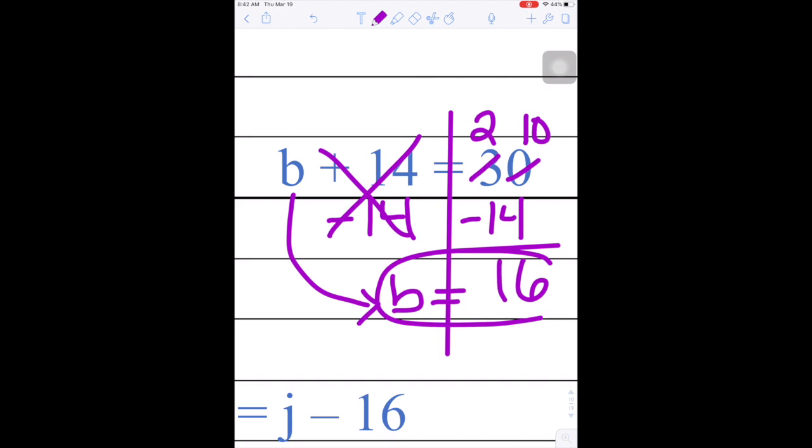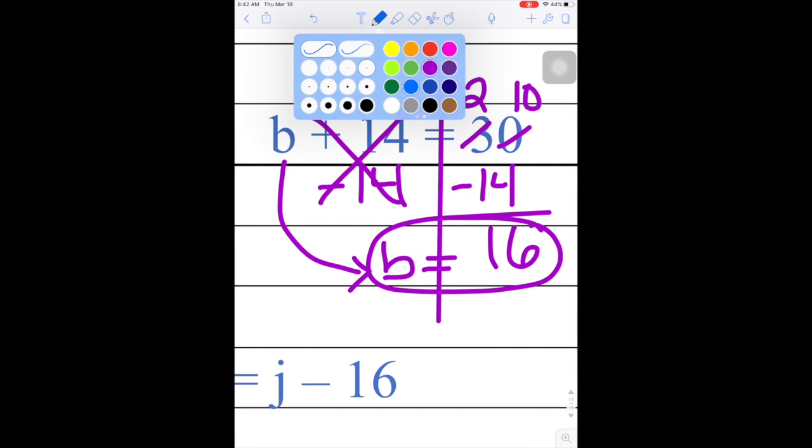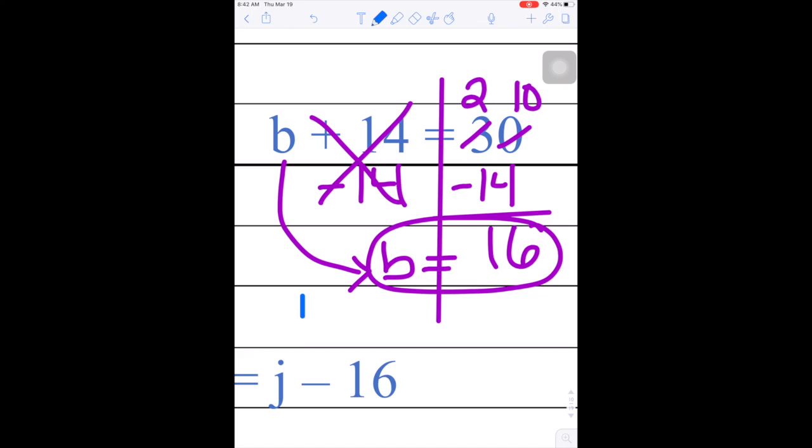So b should equal 16. I'm going to plug it back in. If I had 16 plus 14, I would have 30. So it checks out.